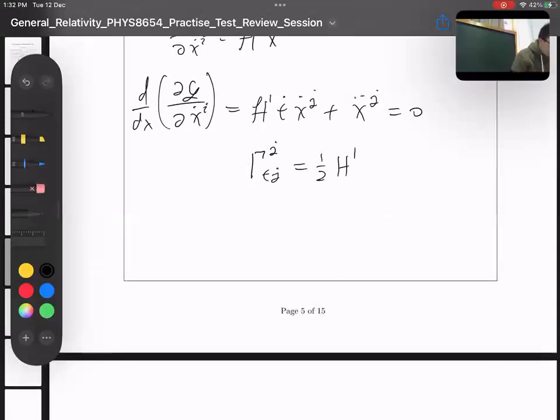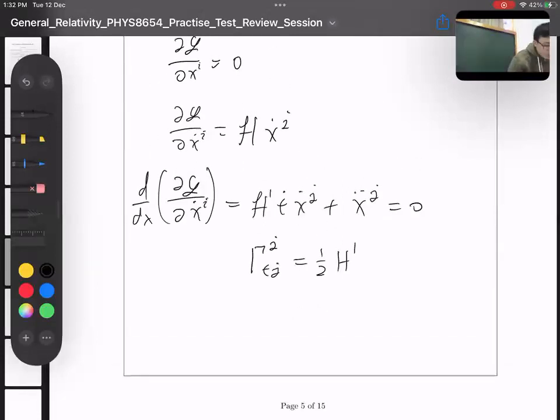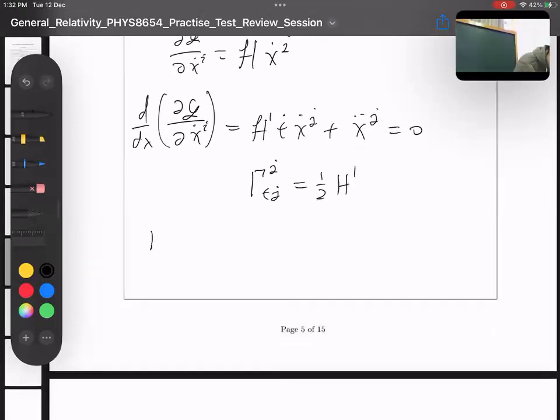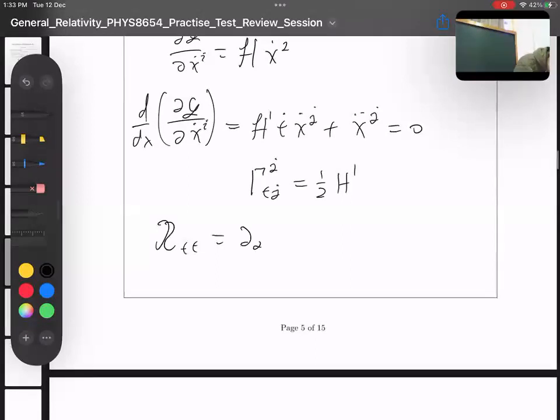And the reason why we're doing it like this is that we then use the definition of the Riemann tensor. So the Riemann tensor is equal to partial alpha Tt minus partial T T alpha plus gamma alpha beta Tt.